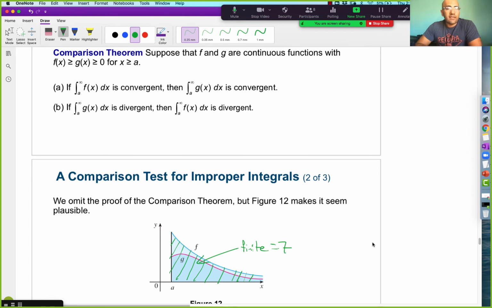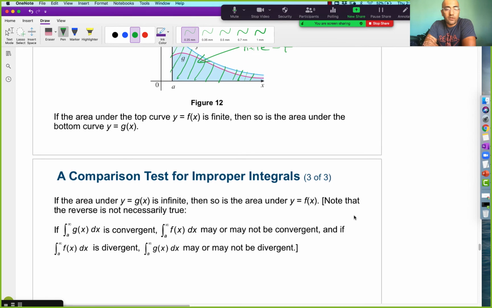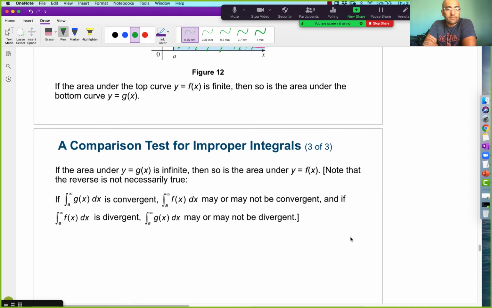Or if you suspect that it converges, then you must think of another simpler looking function such that that simpler function is always strictly greater than the one you're working with, and that greater one converges. Therefore, that means your function converges. These kinds of problems are really tough because you have to be very creative to come up with something that will work, right?